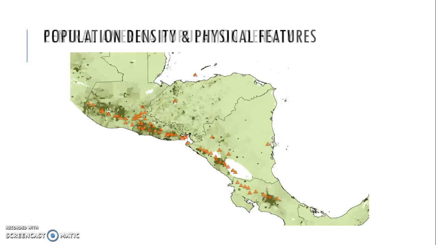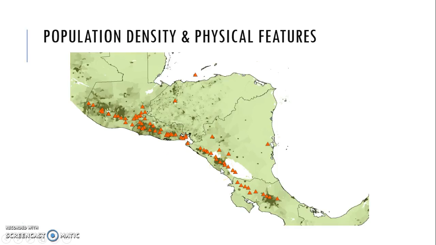And then here we have a physical feature, which is a map of where volcanoes are. Notice how most volcanoes in Central America are close to the Pacific coast. They go in a little bit inland, but population also goes inland. So there's a very strong correlation as to where we find people and where we find volcanoes.